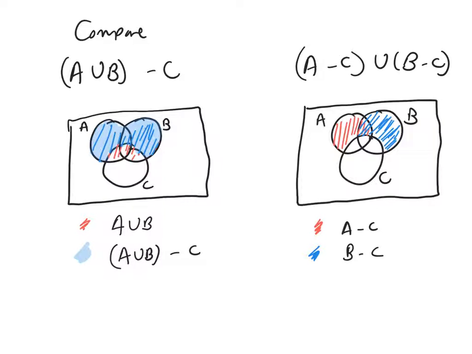So I'm going to use my highlighter here, blue, for the union of these two sets. If I highlight it, it would just cover any part that's shaded here that has any color at all.